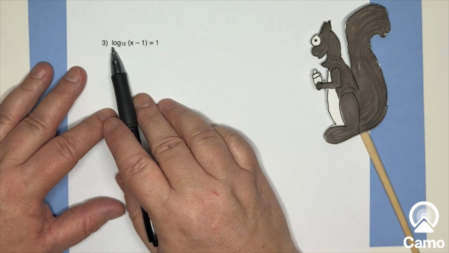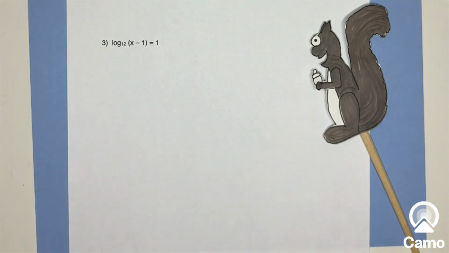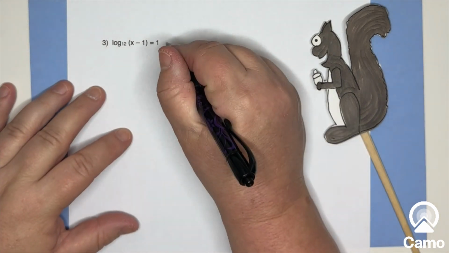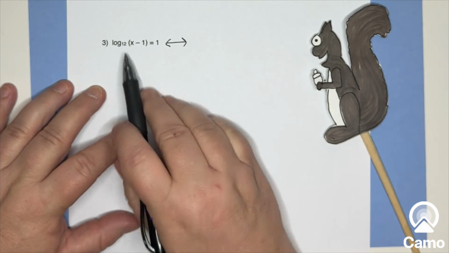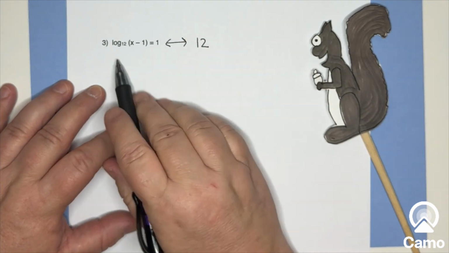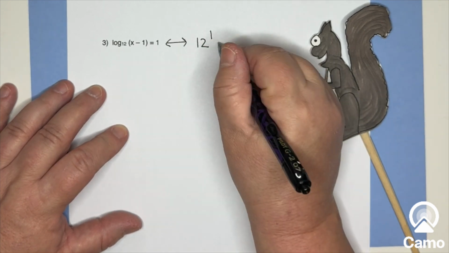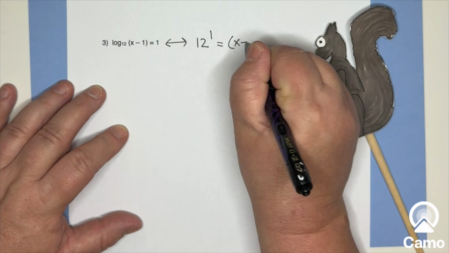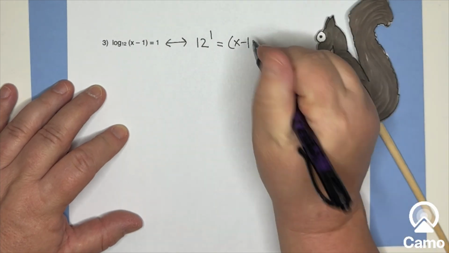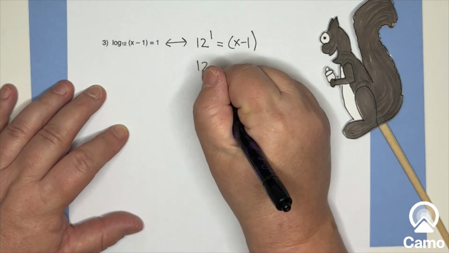So again, if I have a logarithm, generally for right now, I'm going to use exponential form to see what's going on. So exponential form says I start with the base, 12. And I say 12 to the power 1. So there's 1 12 in this thing, gives me x minus 1. Okay, so what's 12 to the first power? That's just 12.